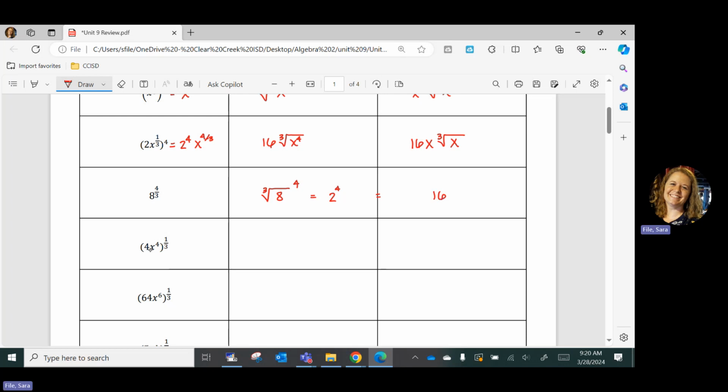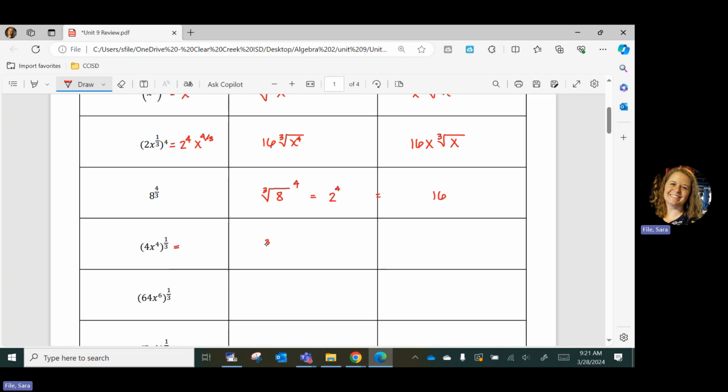I've got another one that has a coefficient and a variable. This exponent on the outside goes to both. I can rewrite this as 4 times the 1/3 for the x, but only to the 1/3 for the 4th.